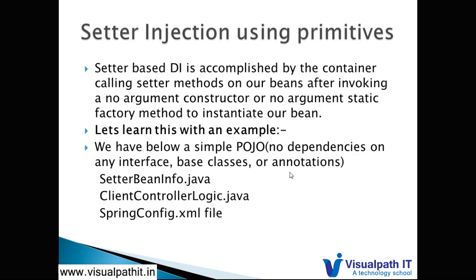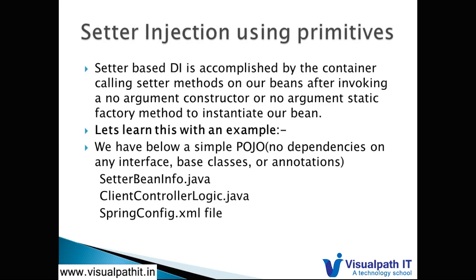The only thing we need to know first is that setter injection with primitives is one of the types of Spring dependency injection, which is very popular as well, and we need a POJO for this. It's a simple POJO, a getter and a setter, that's it. POJO means getter and a setter.